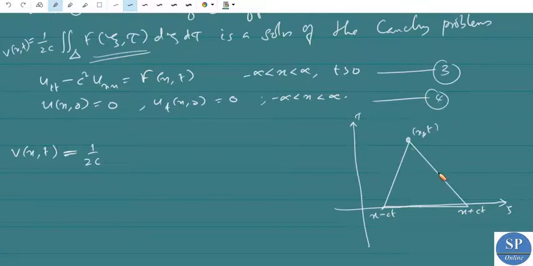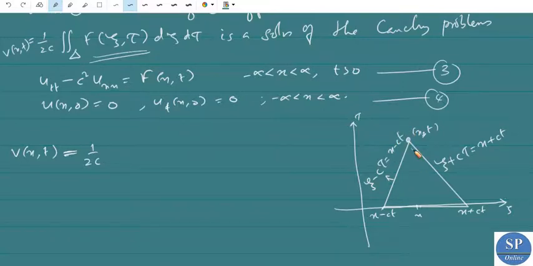We know these are the characteristics: zeta plus c tau equal to x plus ct. Here this point is x comma t, so this will be x, and this characteristic is nothing but zeta minus c tau equal to x minus ct, right?